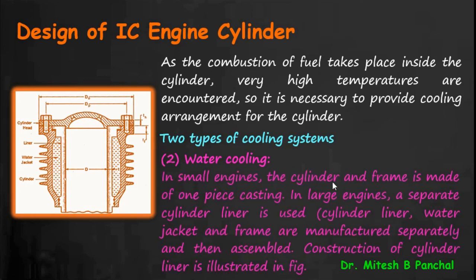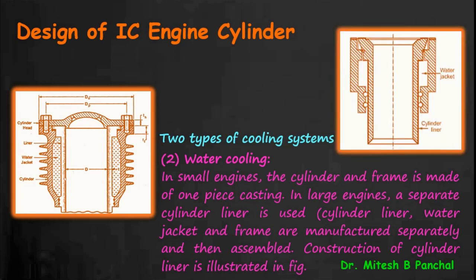Next is the water cooling. In small engines, the cylinder and frame are made of one-piece casting, while in large engines, a separate cylinder liner is used. The cylinder liner, water jacket and frame are manufactured separately, and then they are assembled.